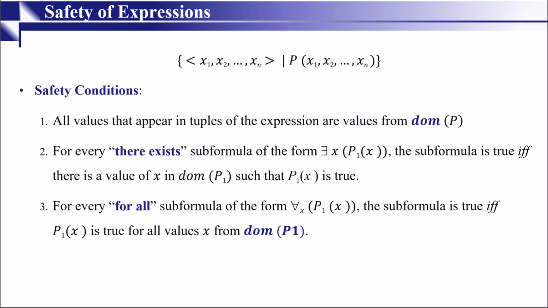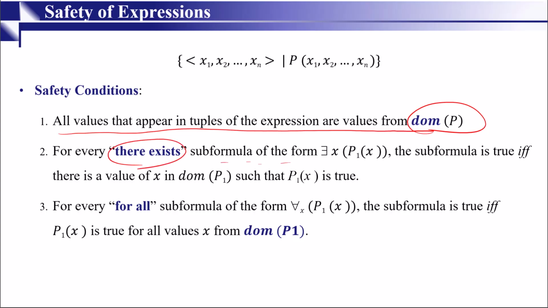So the expression is safe if all the following conditions have been satisfied. All values that appear in tuples of the expression are values from the domain P. That is, the values appear either in P or in a tuple of a relation mentioned in P. Then for every there exists formula, there exists x p1x, the subformula is true if and only if there is a value of x in domain p1 such that p1x is true.